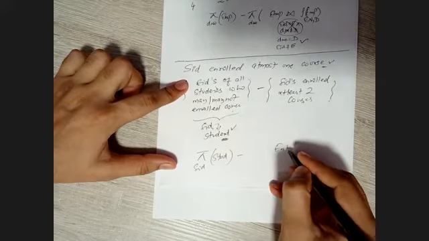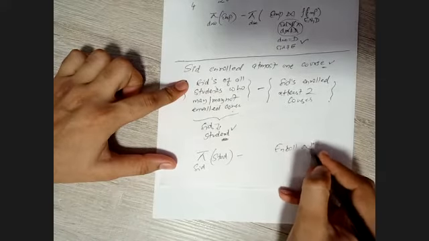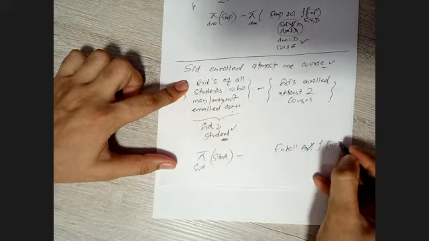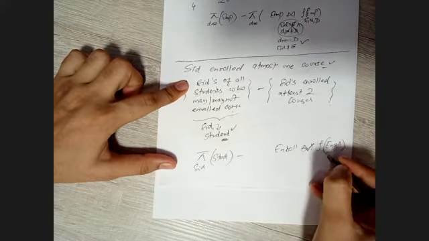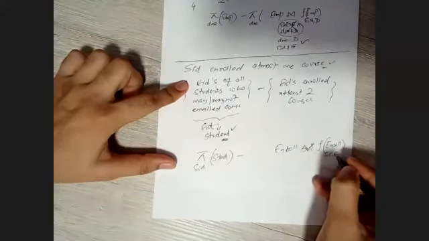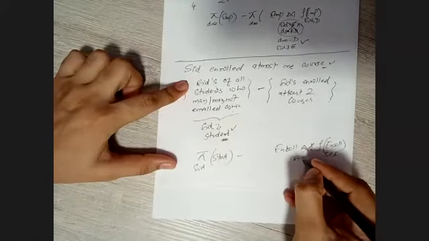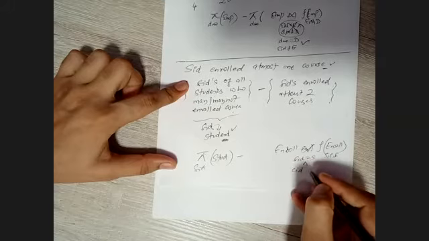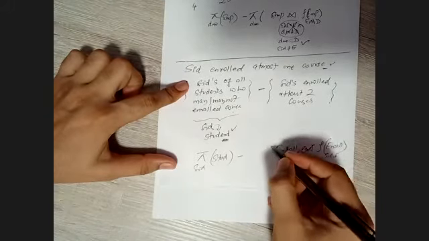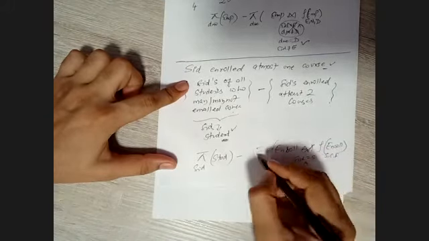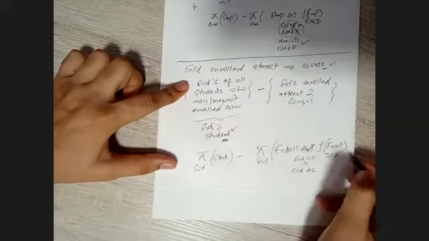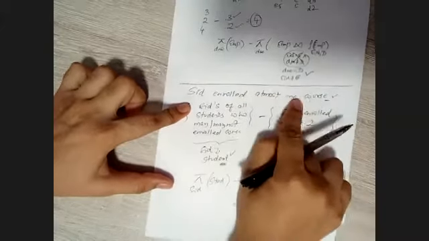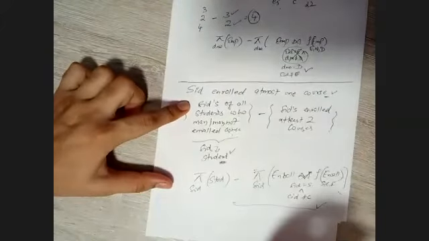From the enroll table, we will do the natural join, rename the enroll table, say SC and F, and then SID equals S and CID not equals C. After this, we will simply project SIDs. So this is the query for enrolled in at most one course.